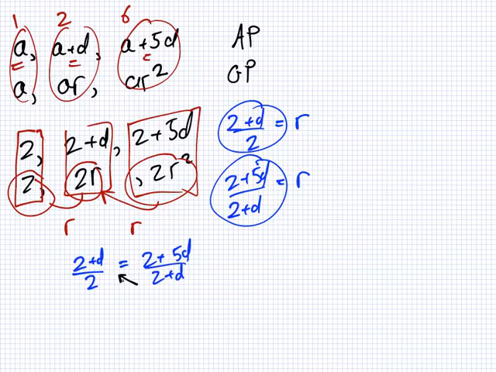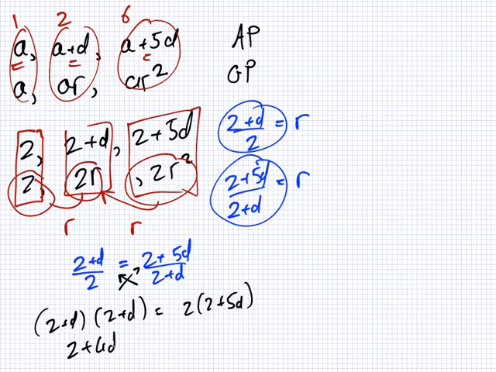Cross multiplying, I get 2 plus d times 2 plus d equals 2 times 2 plus 5d. 2 squared plus 4d plus d squared equals 4 plus 10d.